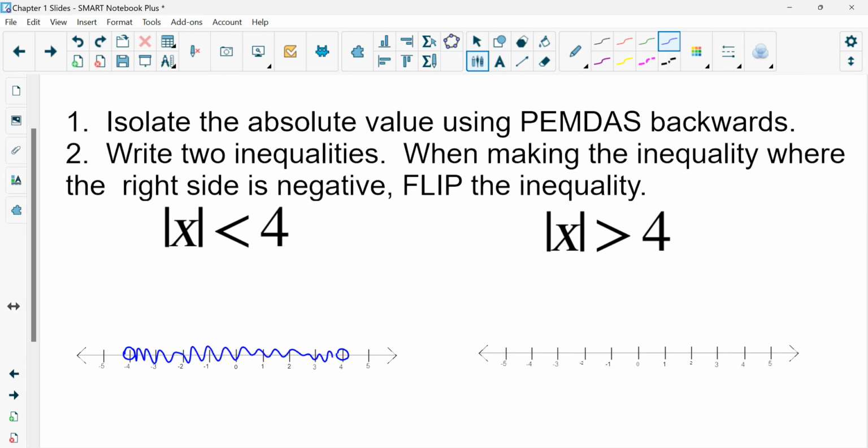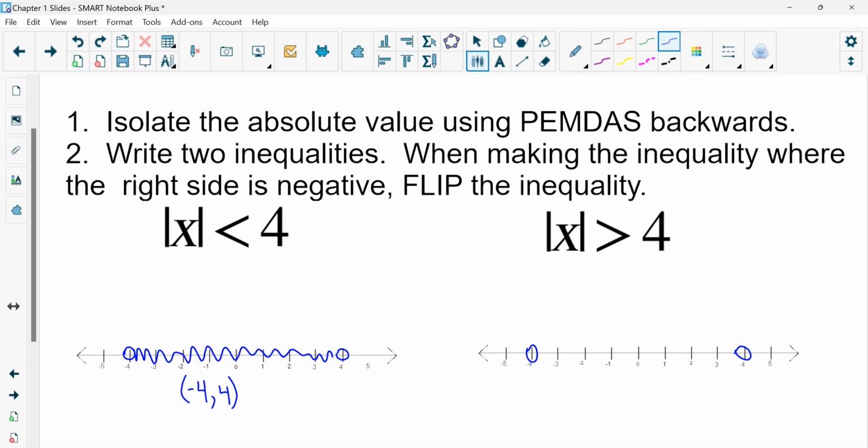And so essentially, your answer here would be parenthesis -4 to 4. Where if we wanted our absolute value of x to be greater than 4, we would still have open dots at -4 and 4, because that's our distance from 0, 4 units away from 0.